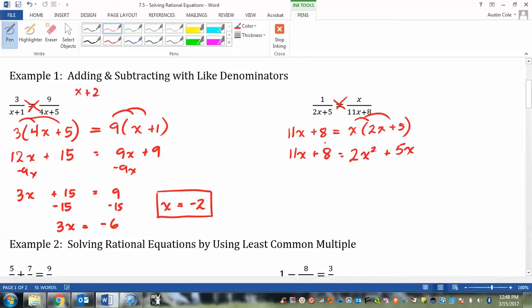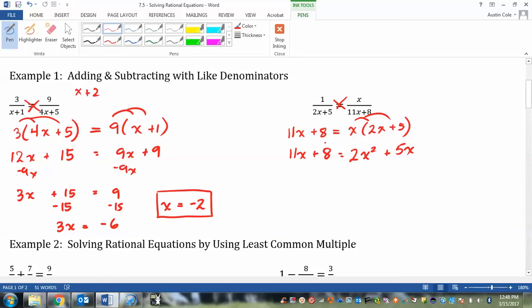Grace, what should we do from here? Okay, so we've got x squared and x, right? Guys, when we have x squared and x, what do we need to do?